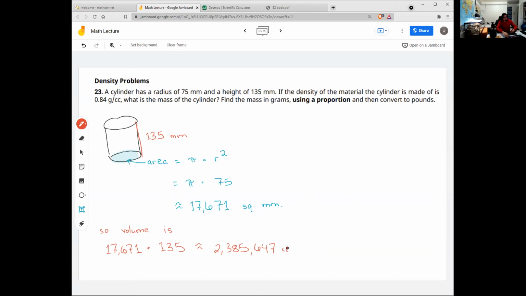Now we're up to cubic millimeters. Everyone okay with what I've drawn so far?